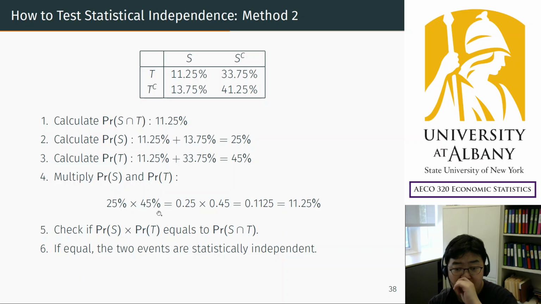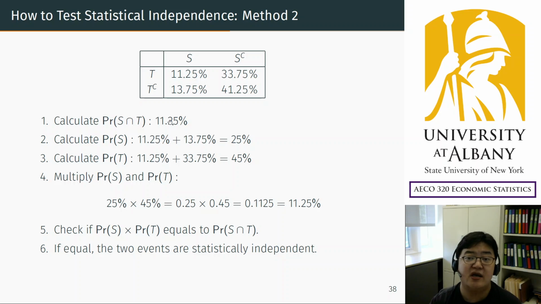And remember, percentage may confuse you, so try to avoid using percentage. Use fraction or decimal, whatever. Use numbers, not percentages. So 0.25 times 0.45 equals 0.1125, which equals the probability of intersection, right?